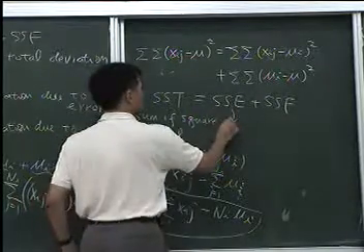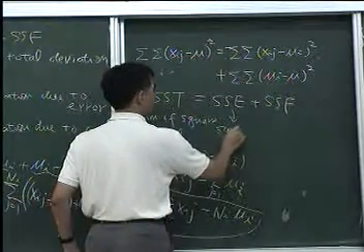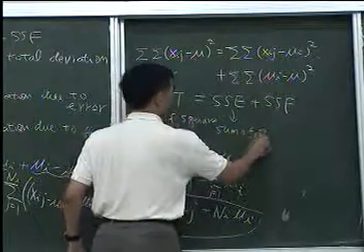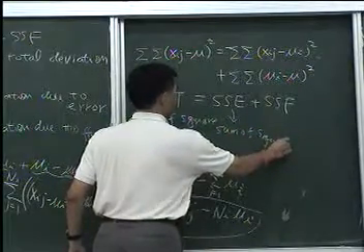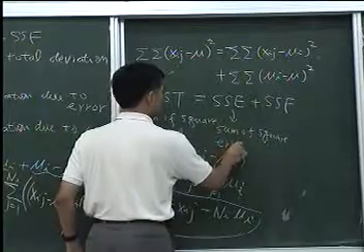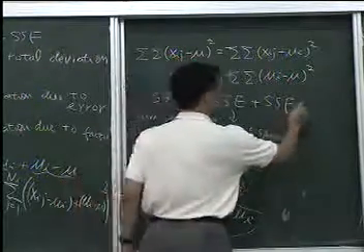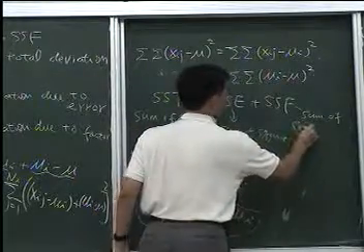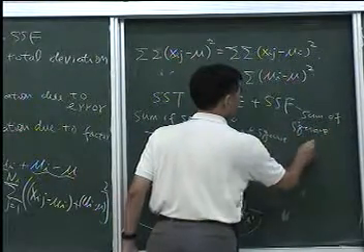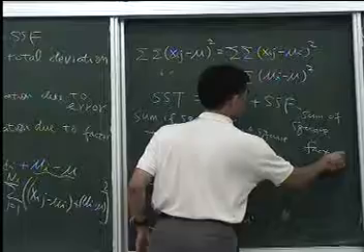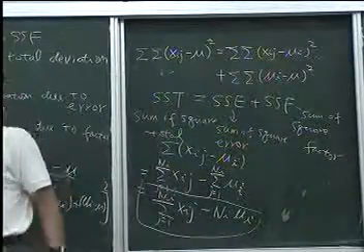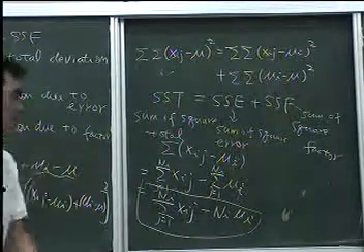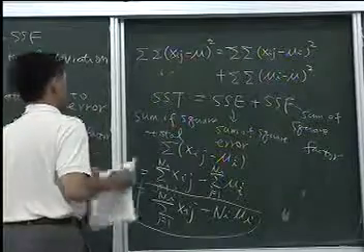This one is sum of square error. This is sum of square factor. Okay? So then, what's going on here?